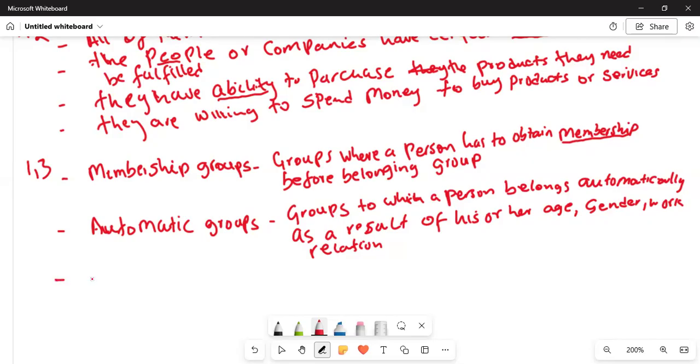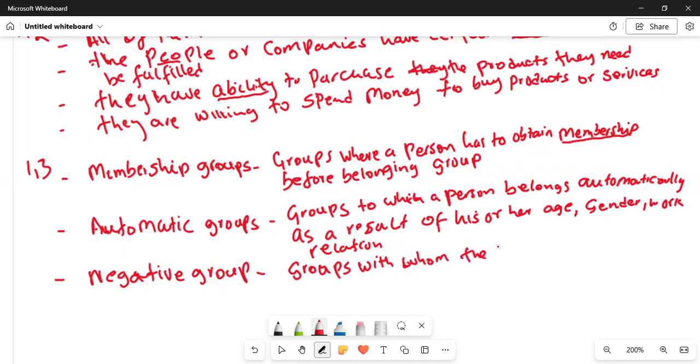Now we have negative groups. With negative groups, we are saying groups with whom the person would not like to be associated.